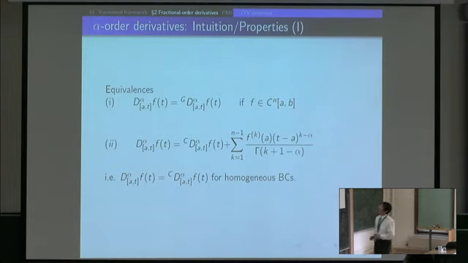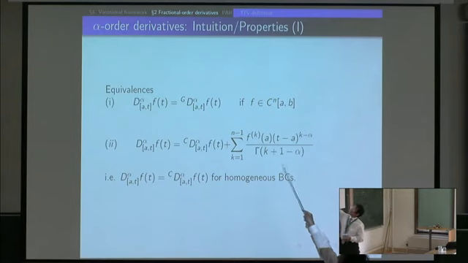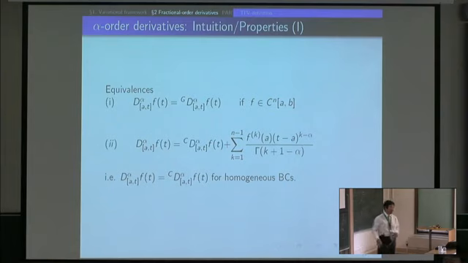You can see clearly that these terms involve the boundary, the initial point on the left. If they are homogeneous, if these terms are 0, which we usually assume, then these two are identical. What does this mean? It means that in practice, when you discretize, you use the same formula. People don't bother developing a new formula unless it's a special situation.